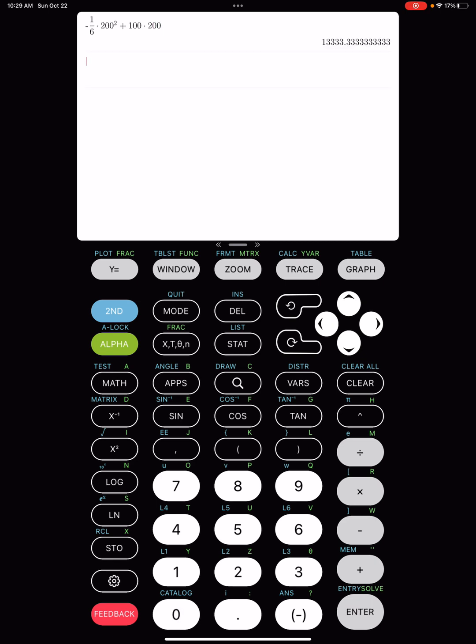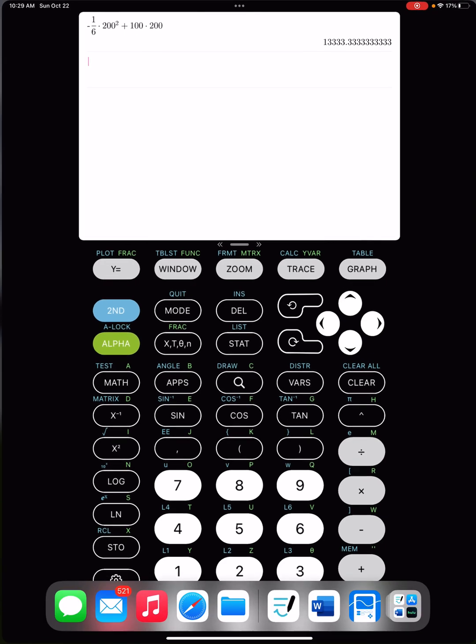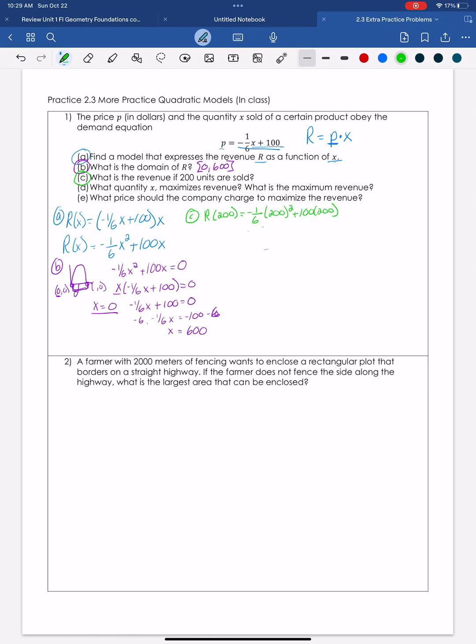And that ends up being $13,333.33. And how do you know what to round to? You're talking about money, so you're going to round to the nearest hundredth. Okay.